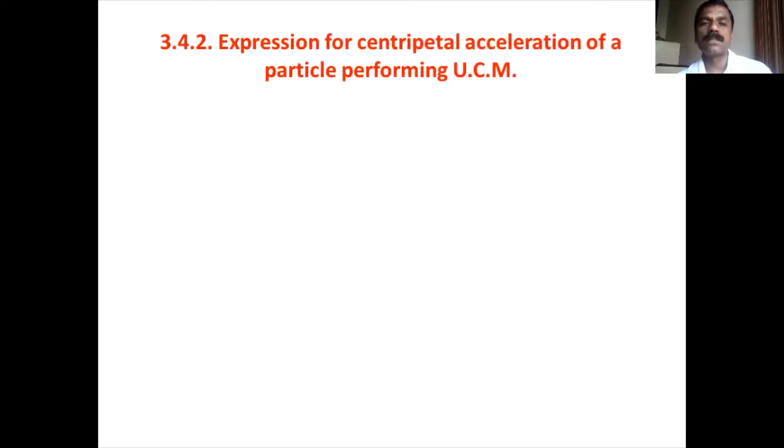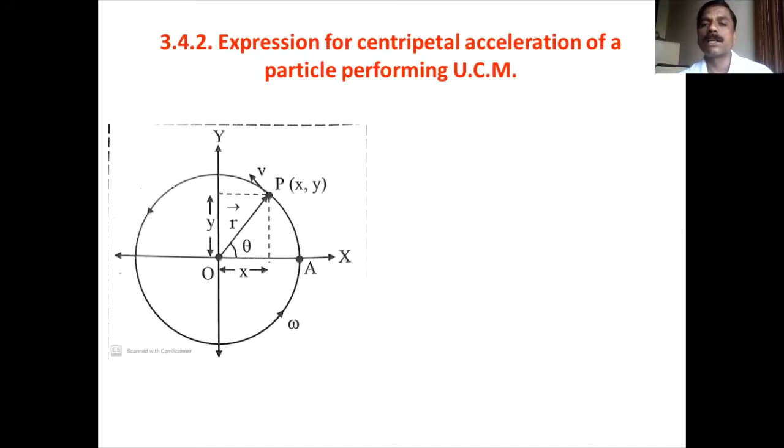The next point we want to discuss is the expression for the centripetal acceleration when the particle is performing uniform circular motion. That means we want to find the expression for the centripetal acceleration. Let us consider a diagrammatic representation. We know circular motion is a two-dimensional motion, so it is shown with the center at the intersection of the XY coordinate system.